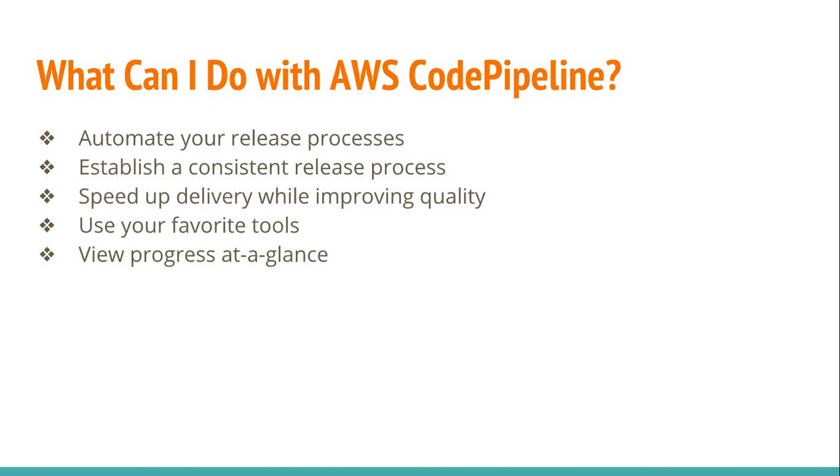Okay. So whenever we have bug fixes or new features that we want to give to the customers, use your favorite tools. You can plug in your existing code and existing source, build it, and deploy it.